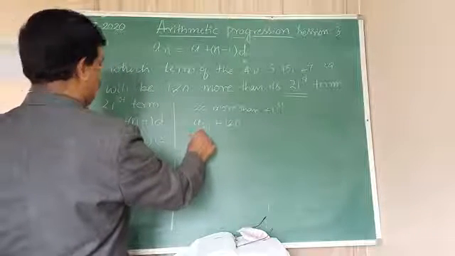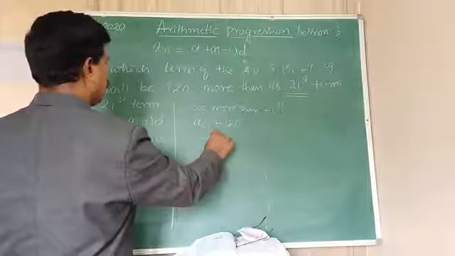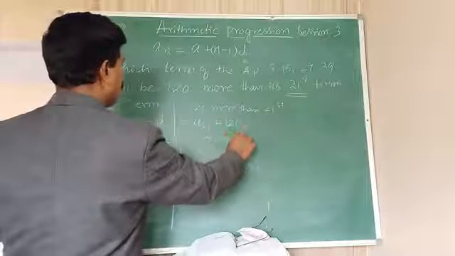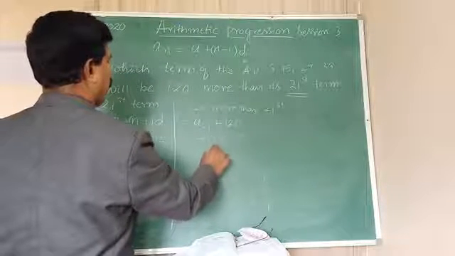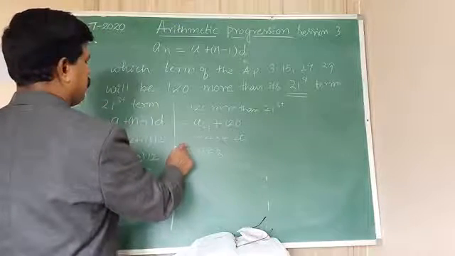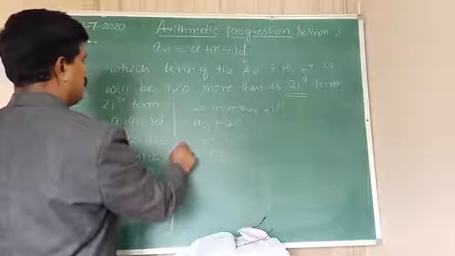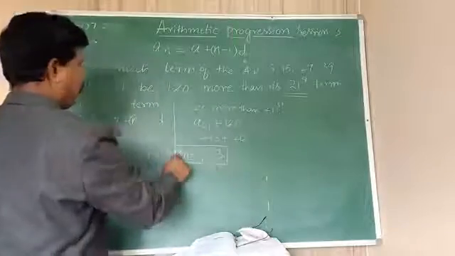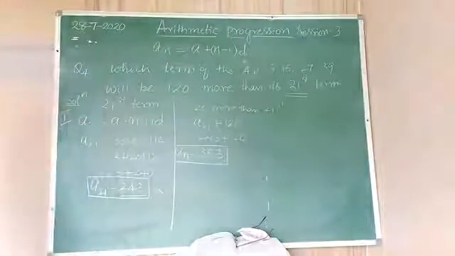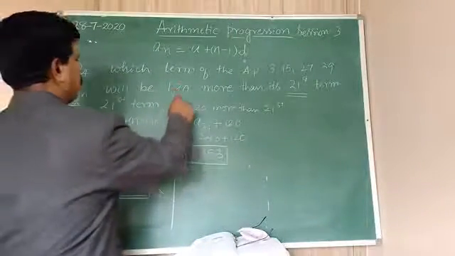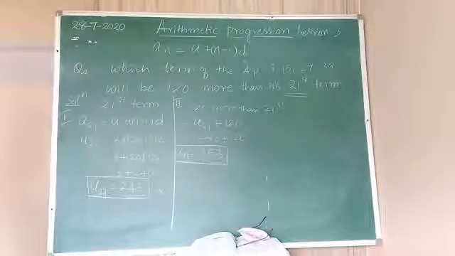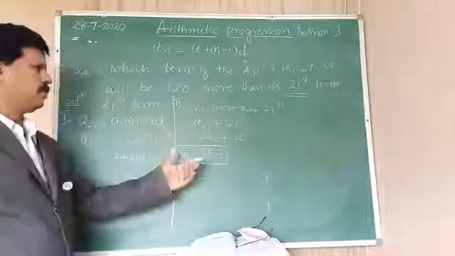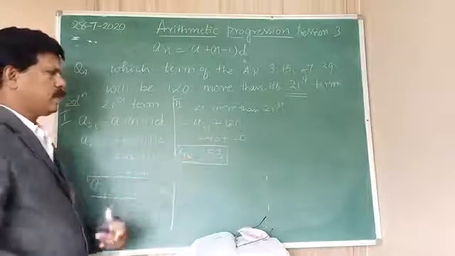So A21 is 243 plus 120. That is equal to 363. This you should consider as AN. Clear? This is the second step. 120 more than the 21st term, so you will take this one.